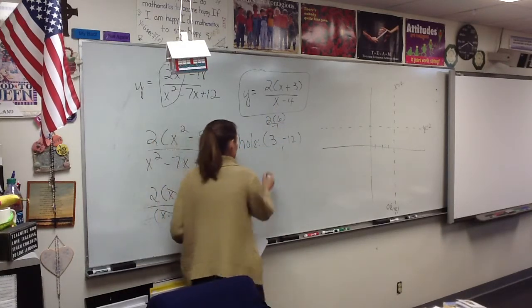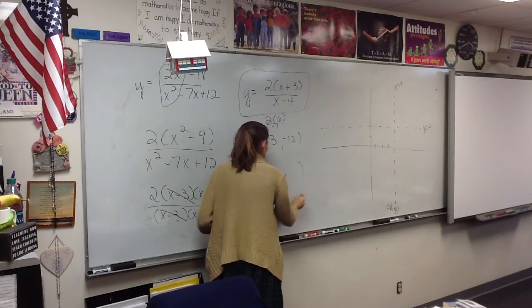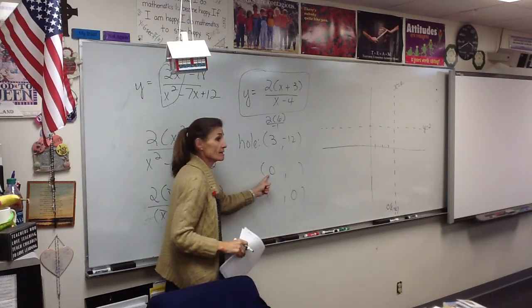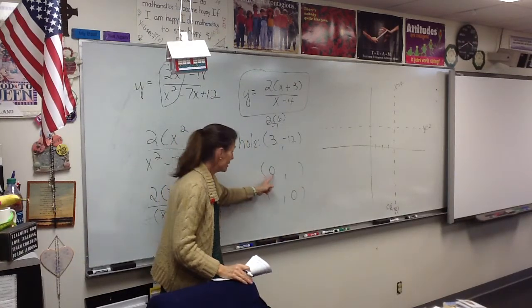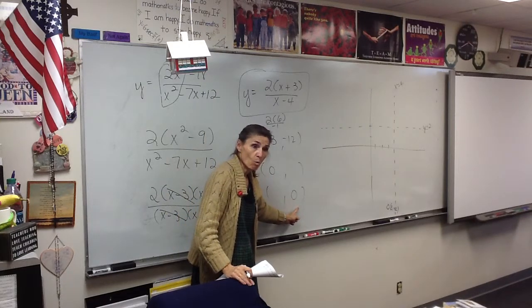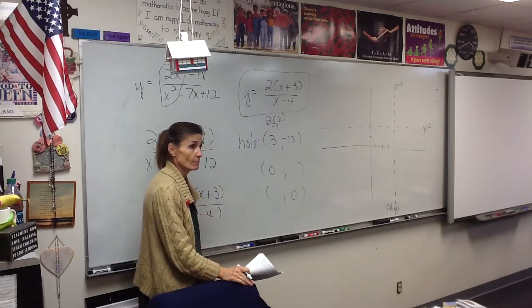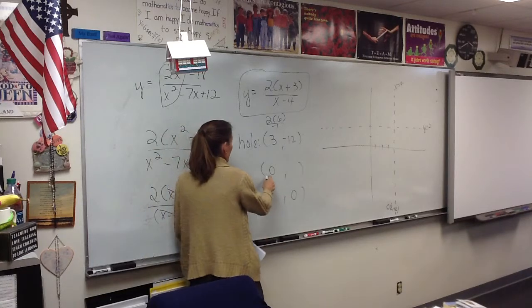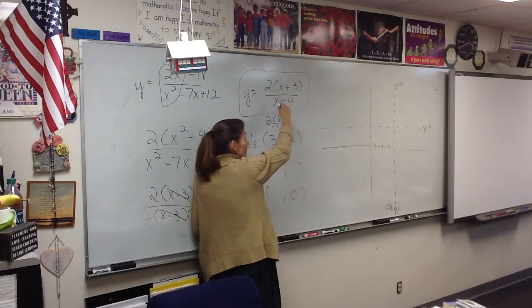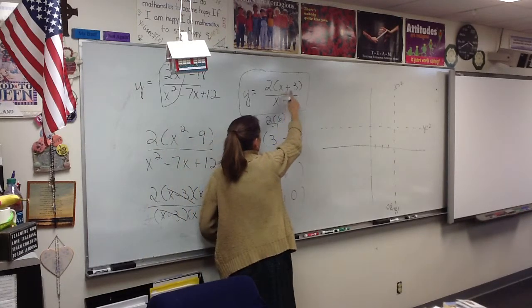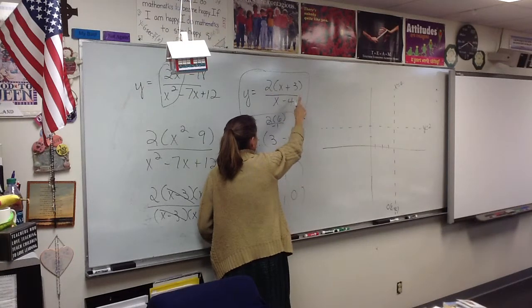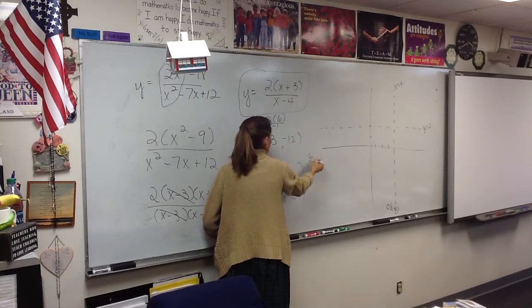Now we need our intercepts. One of them will have an x that's 0, and one of them will have a y that's 0. If we let x be 0, what do you have on the top? 6.